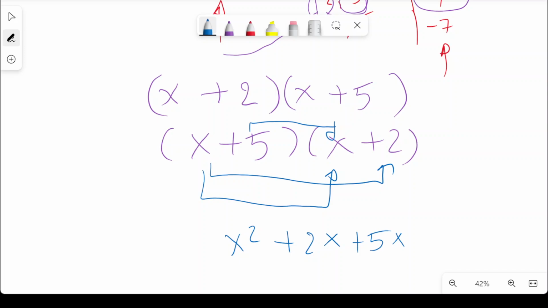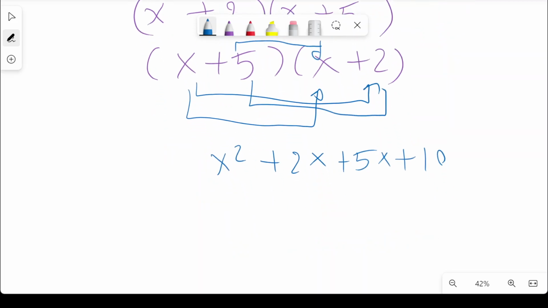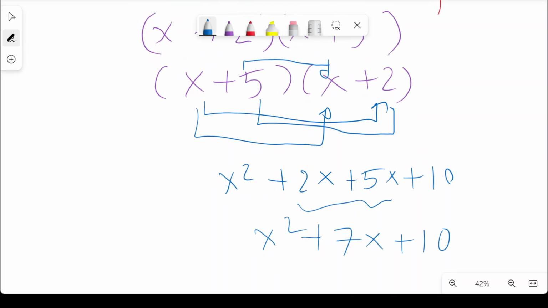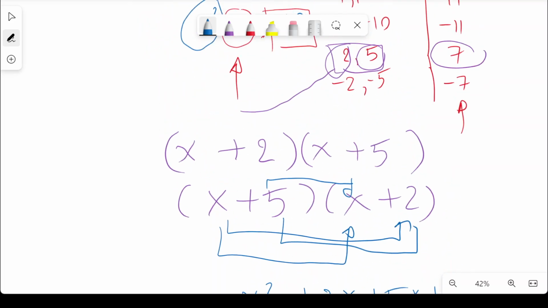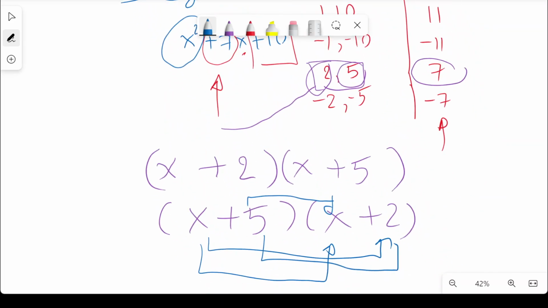And the last multiplication, you multiply 5 times 2. Plus 5 times plus 2 gives you plus 10. These two like terms, you can combine them, that gives you plus 7x, right? The first term is x squared and the last one is plus 10, and you go back to the original polynomial and you see that it's the same thing.